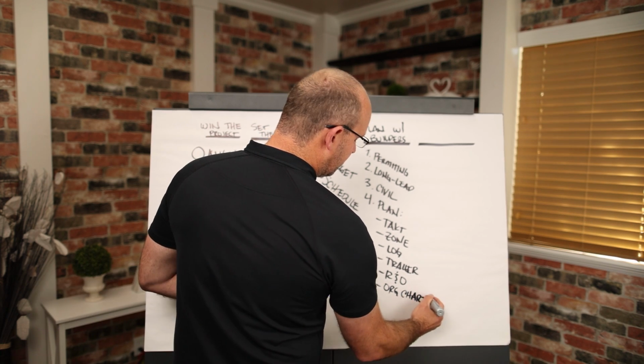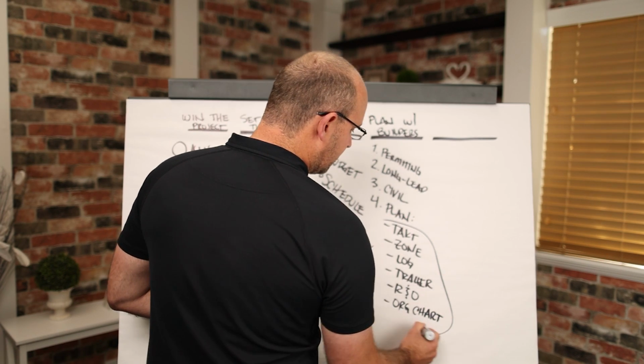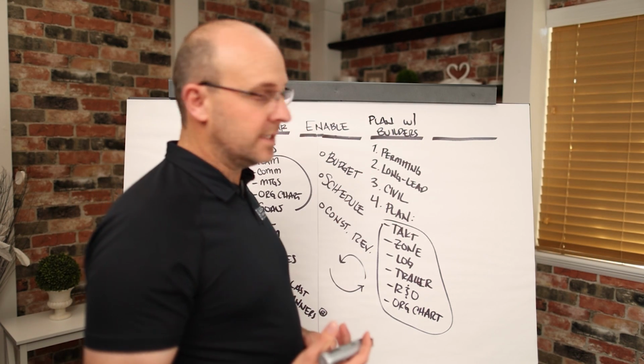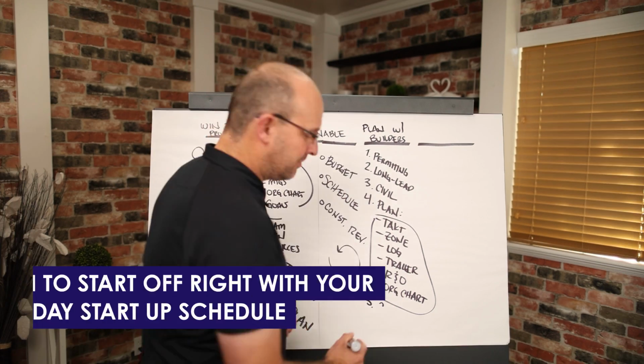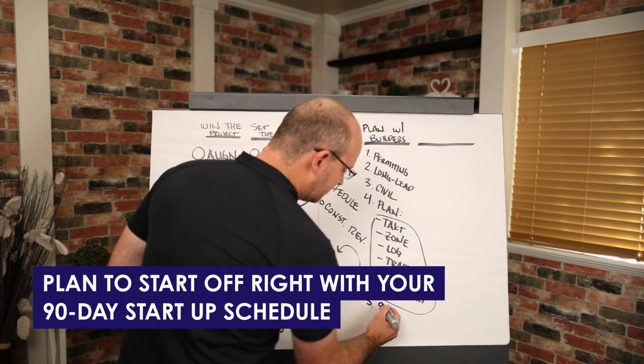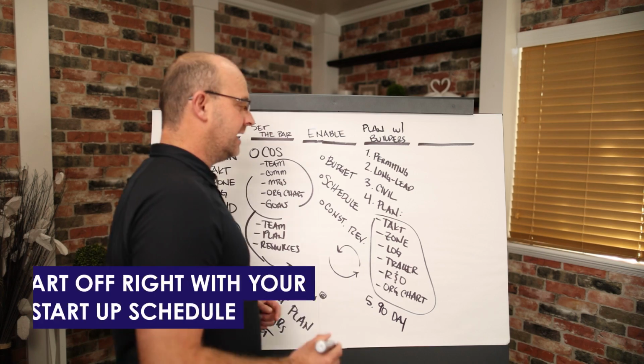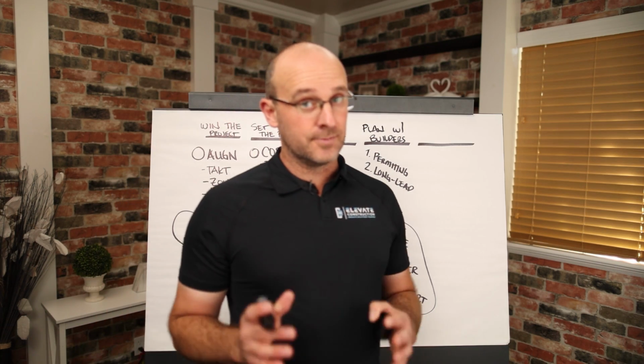This is the bare minimum. And when you put this together, this is reviewed in a risk review meeting, or a fresh eyes. Then you're going to plan to start off right with your 90-day startup schedule, so you can get out of the gate like really strong. Like, this is super key.